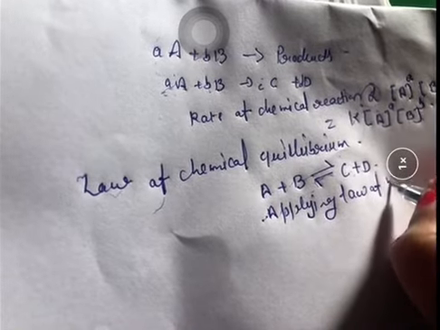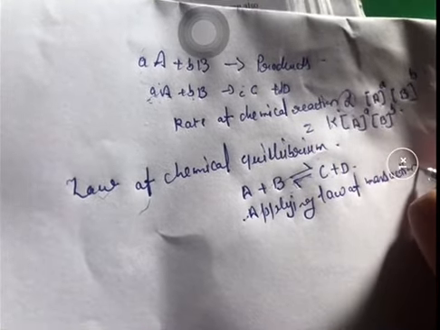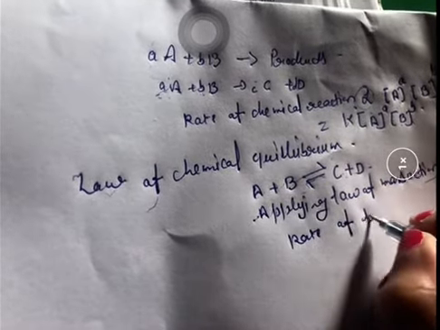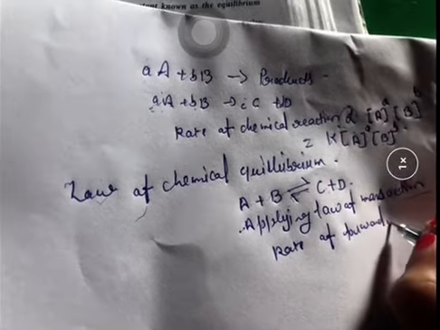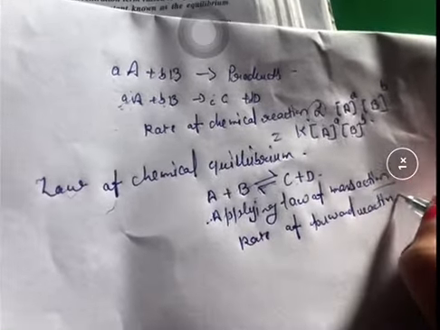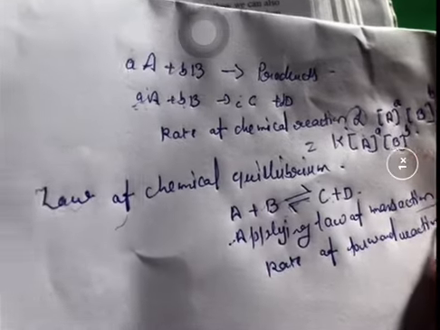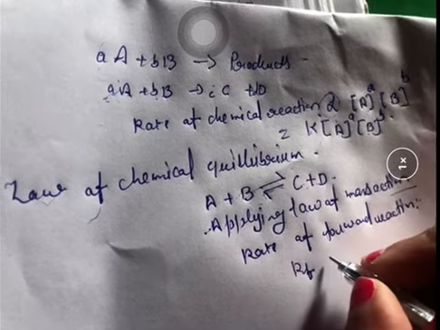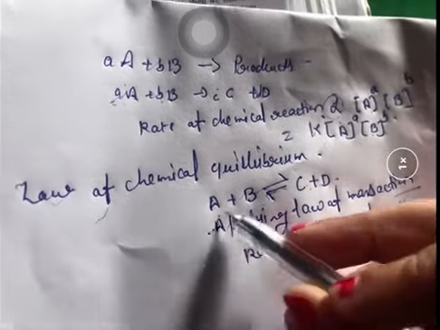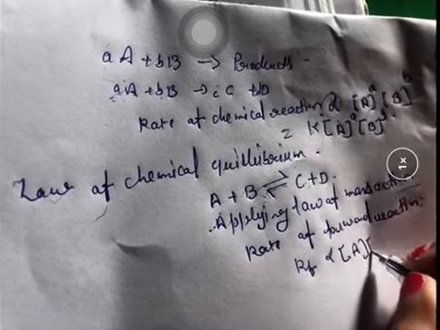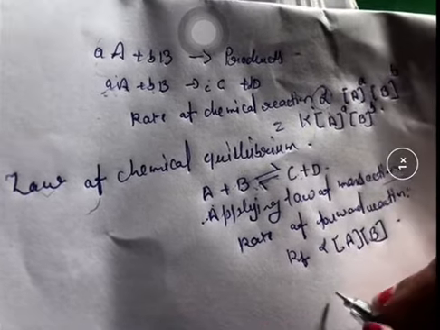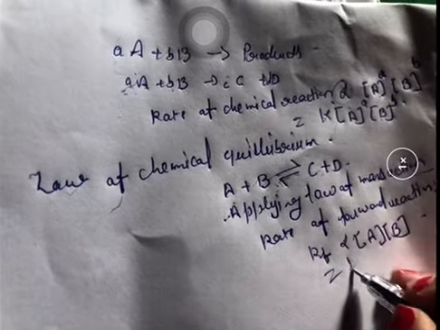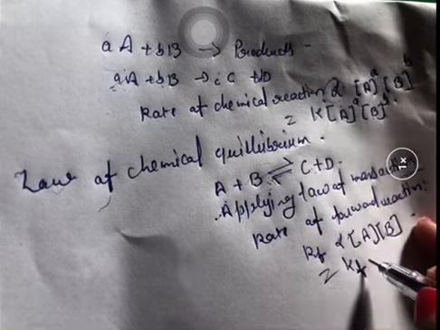Applying the law of mass action, the rate of forward reaction, I can write RF is directly proportional to the product of molar concentration of the reactants. Clear? So here, to remove the proportionality, I can use Kf, the rate constant for the forward reaction.